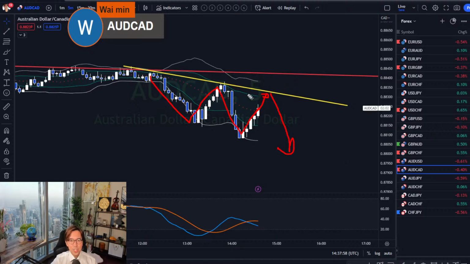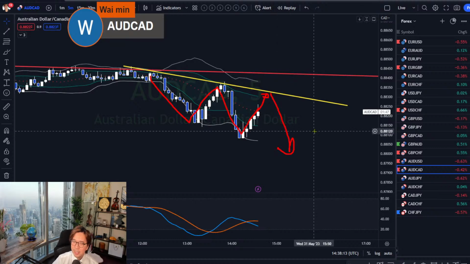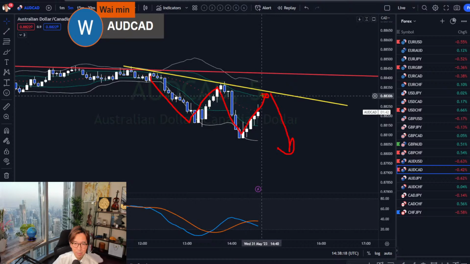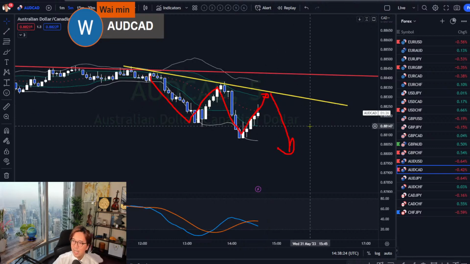So if you see the pullback near the descending trend line, I think that will be a great chance to sell. So that's a scenario for AUD/CAD. And make sure you check the Bollinger Band, stochastic and also the candlestick patterns to enter a trade when it happens.